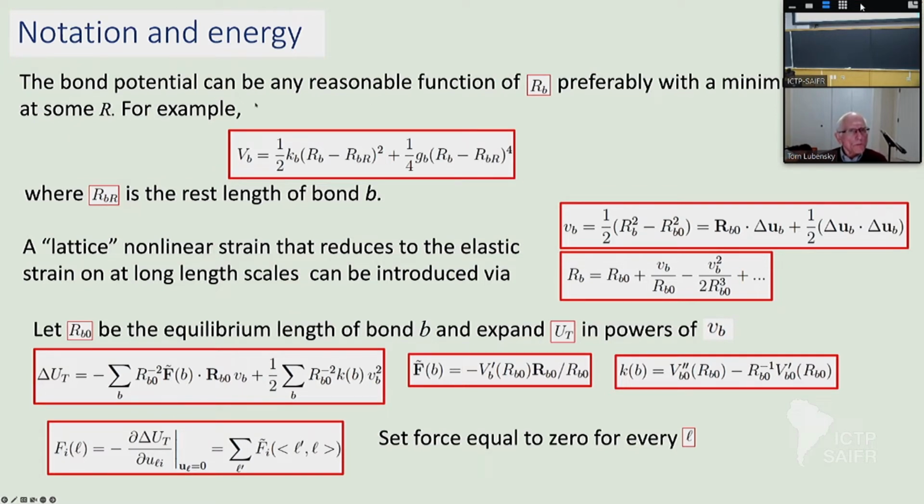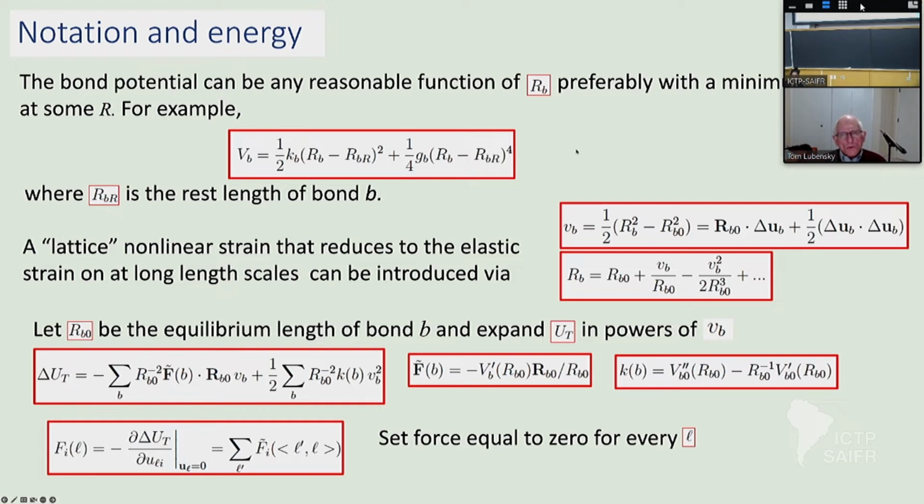Okay, so here is some notation mostly. We're going to be looking at, in our minds, a simple view of the potential. There's a potential part. Remember, this is a spring, the difference between the lengths of the spring and the actual position. Now, I'm not going to insist upon this too much, but strictly speaking, there is a distinction between the equilibrium R_b in the lattice and the R_b0, which was the equilibrium of the spring.